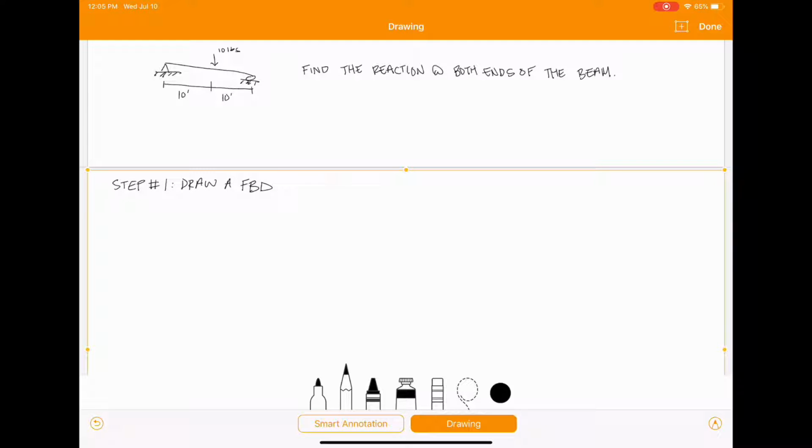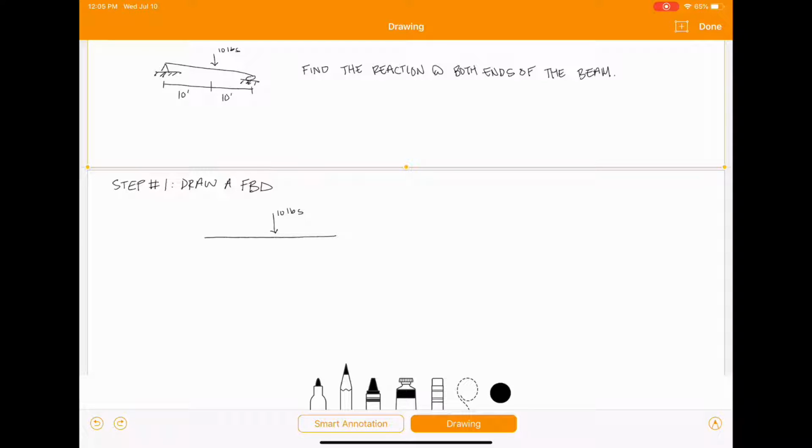So, to draw a free body diagram, we always start with our object. So that's our beam, so we can go ahead and draw that there. And then we can apply our forces. So in this case, we have our 10 pounds. And then we want to apply the forces being caused by our reactions or our supports.